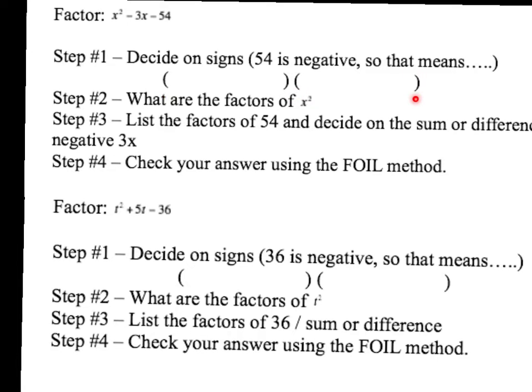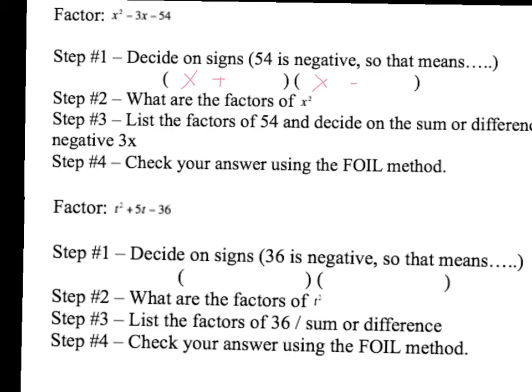Well, 54 was negative, so that means our last numbers had to be a positive and a negative, because that's the only way I could multiply two numbers and get a negative answer. Now step 2 is to decide on our variable factors, so x and x, and trust me, this will get more difficult on the front side, but not just yet. x times x gives us x squared.